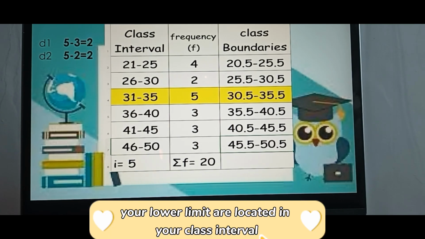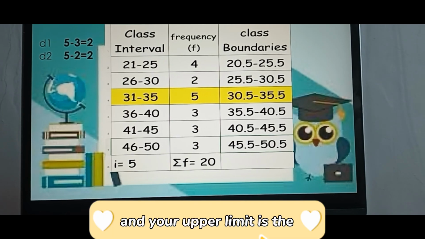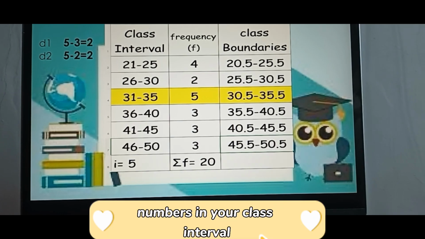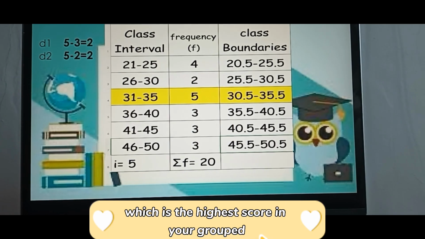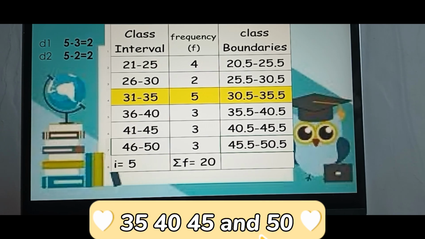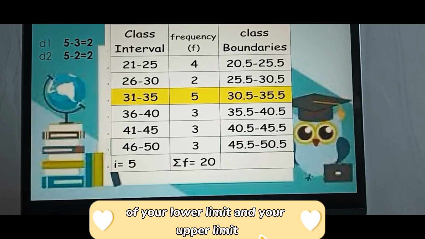Your lower limit is located in your class interval, which is the lower score of your class interval, and your upper limit is the highest score in your group, like this one: 25, 30, 35, 40, 45, and 50. So your class boundaries are the combination of your lower limit and your upper limit.